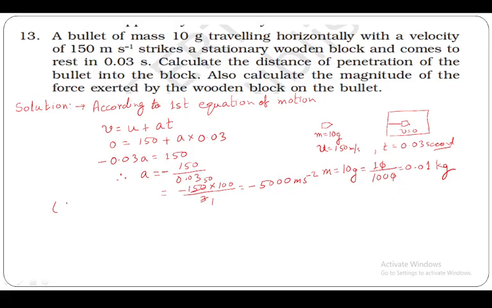Here you can write: the negative sign indicates that the velocity is decreasing.